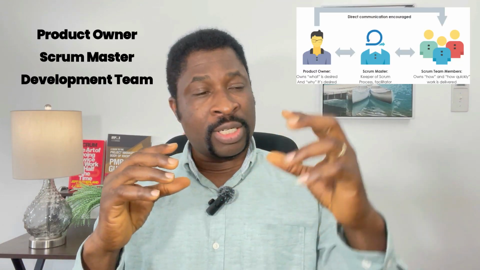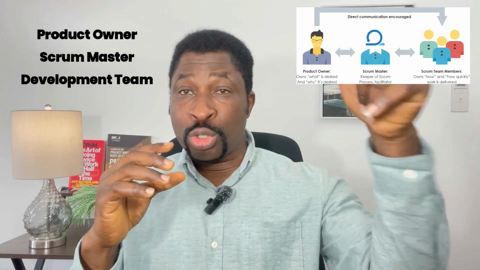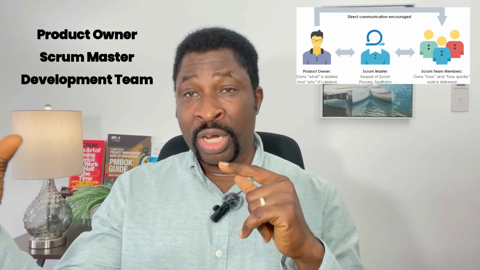Now I will talk about the Scrum team. In Scrum, we have the Scrum Master, the product owner, and the developers. The Scrum Master is like the project manager who ensures that the team is working based on the Scrum framework, while the product owner is the intermediary between the Scrum team and the stakeholders.